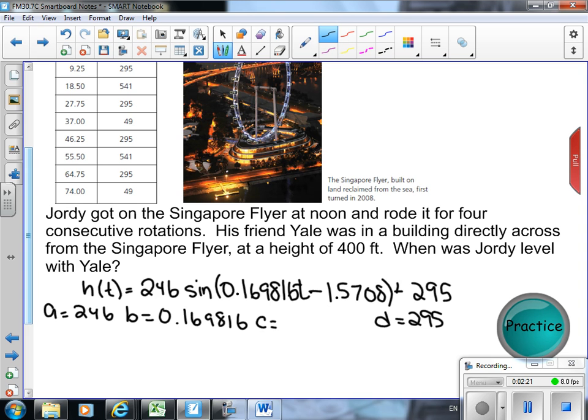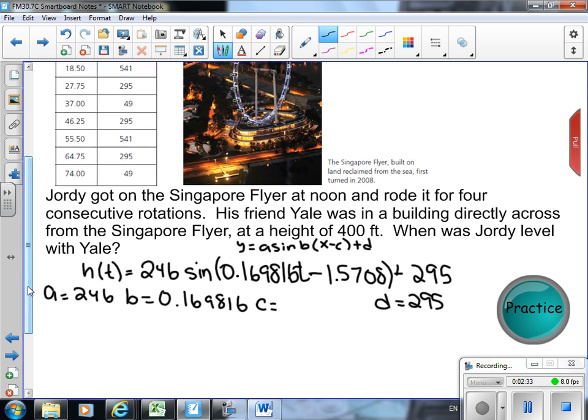So we want to put the equation into the form y equals A sine B x minus c plus d. So we need to factor out this value from both numbers here, from this one and this one.